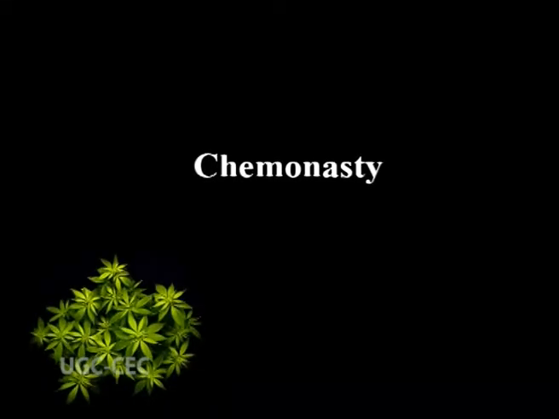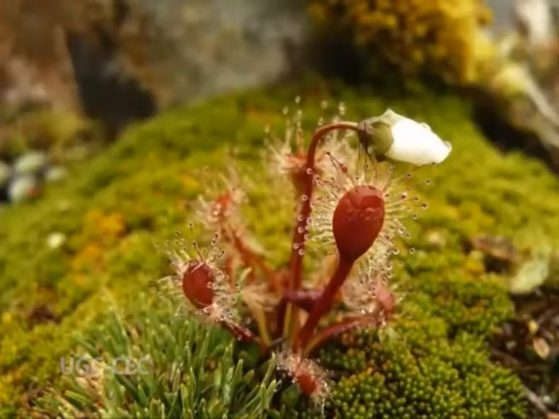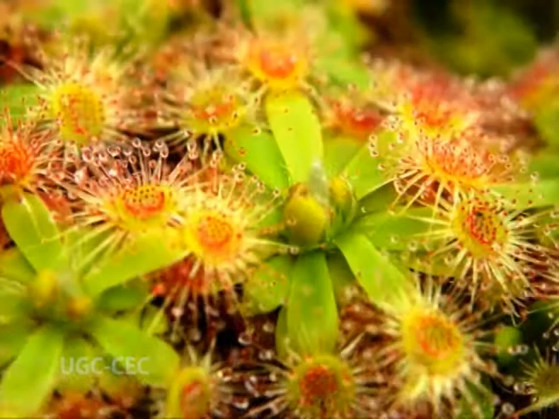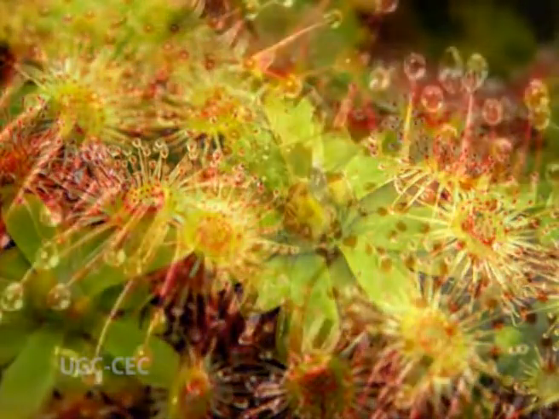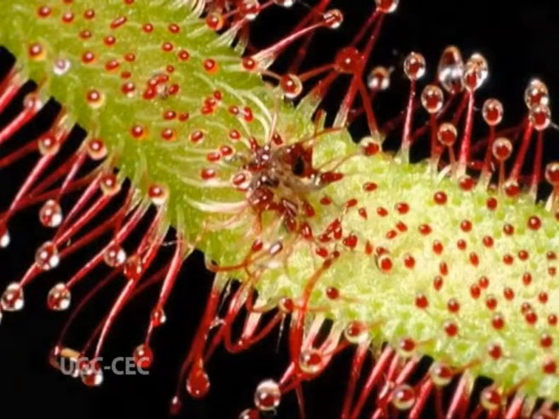Chemonasty. These movements occur in response to some chemical stimulus. Strong chemonasty is exhibited by the long peripheral tentacles of sundew leaves, which respond to the presence of organic nitrogenous compounds by bending towards the middle of the leaf.